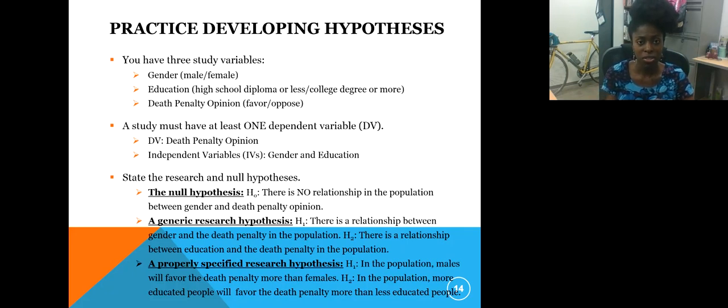And let me just say also that if the literature review tells you something like men would favor more than females, if you actually find that a study has already done that, then guess what? You're not going to be paid to do that study unless there's some nuanced reason, some additional thing that you're adding to that study.